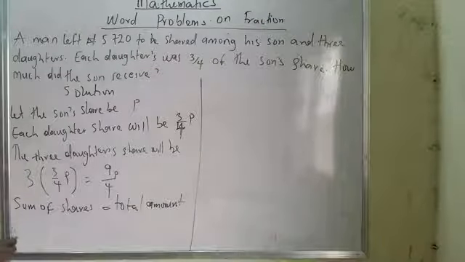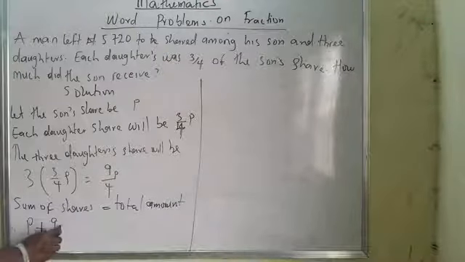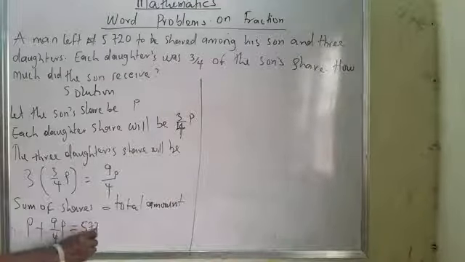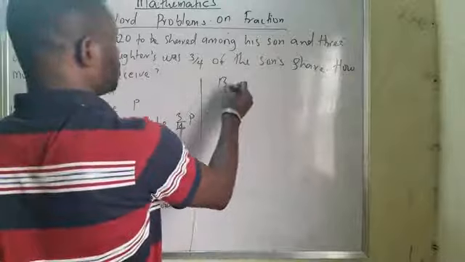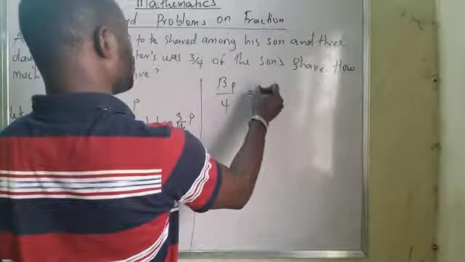That is to say, P of the son, plus 9 all over 4 of P, which will be equal to 5,720 naira. Which by so doing this, I'll be having 13P divided by 4 equals 5,720.